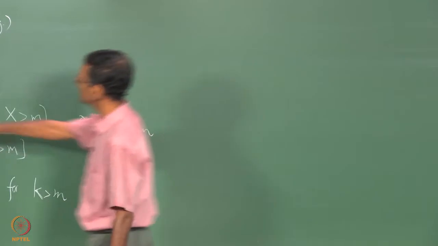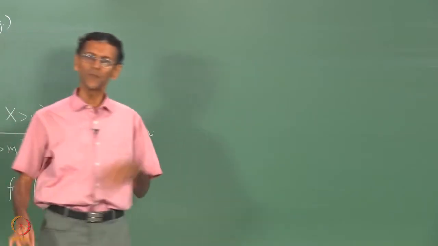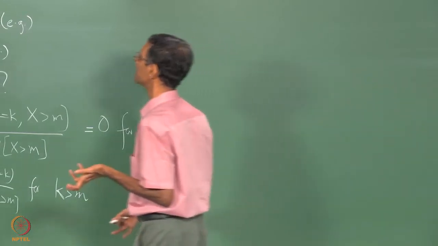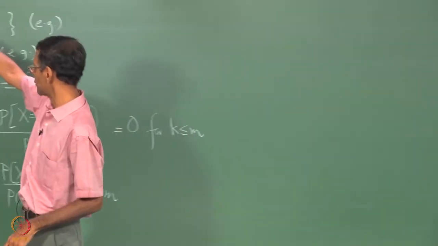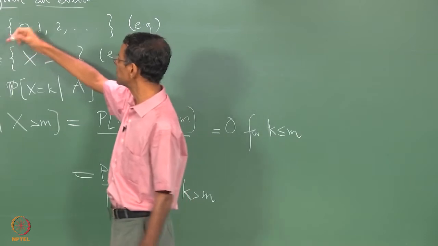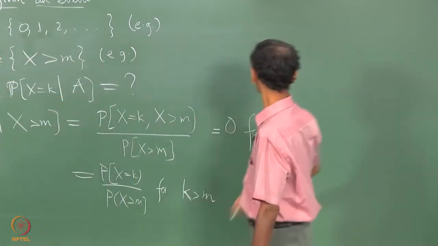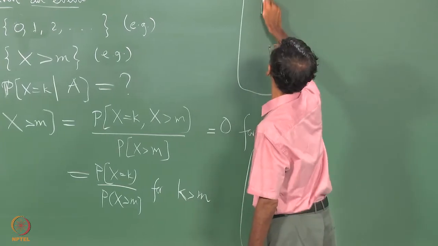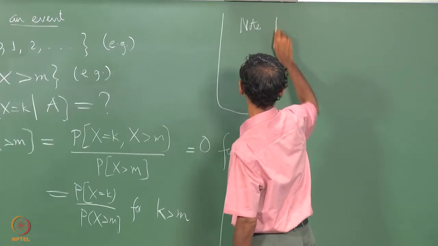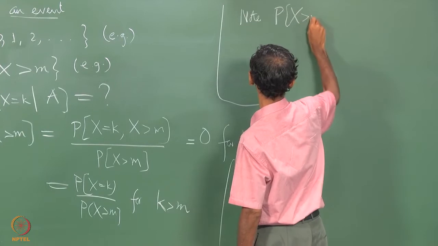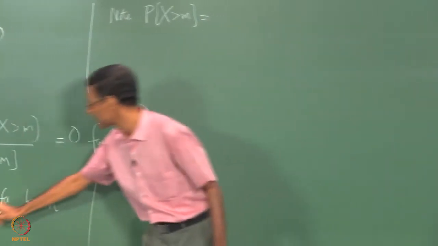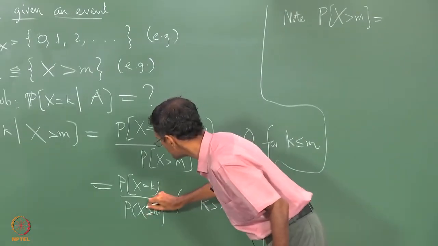We want to write this conditional probability in terms of the PMF of x. That's our goal. So when I say omega x, I also assume that the PMF is given. Now, what is the probability that x is greater than m? This is simply the denominator there.